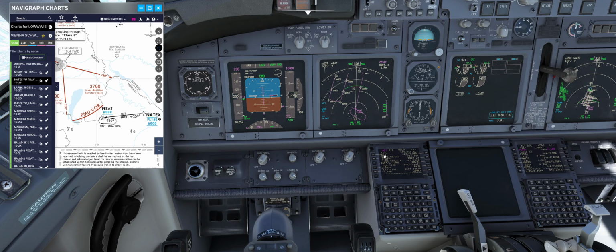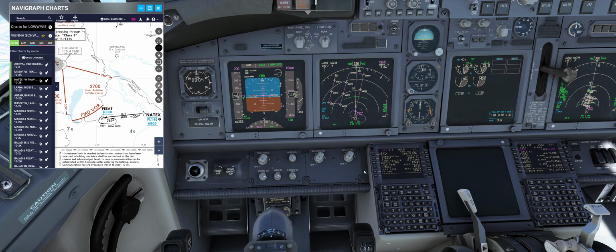Okay, the quadrant and radial means where we are, the position regarding the PSAT waypoint. Okay, we can modify this as well. As you can see, it's always opposite.